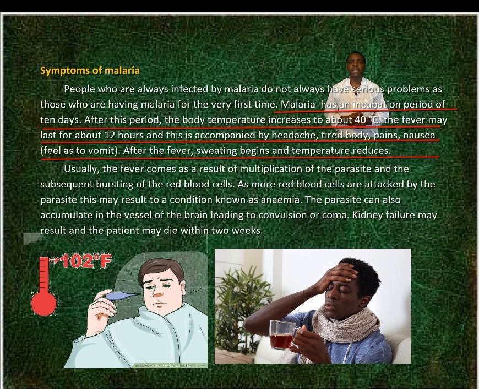The fever may last for about 12 hours, and this is accompanied by headache, tired body, pains, and nausea, that is, feeling as if to vomit. After the fever, sweating begins and temperature reduces.